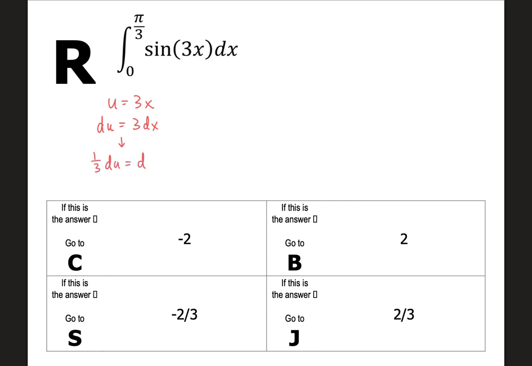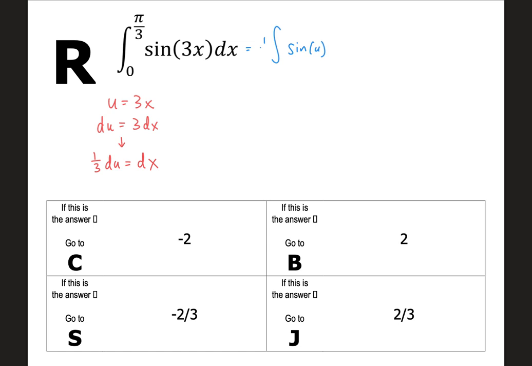All right, and then now we can substitute. Okay, so notice we'll get this, and then it'll be sine. So this 3x here is u, so this will be sine u. Okay, and then this dx becomes 1/3 du.